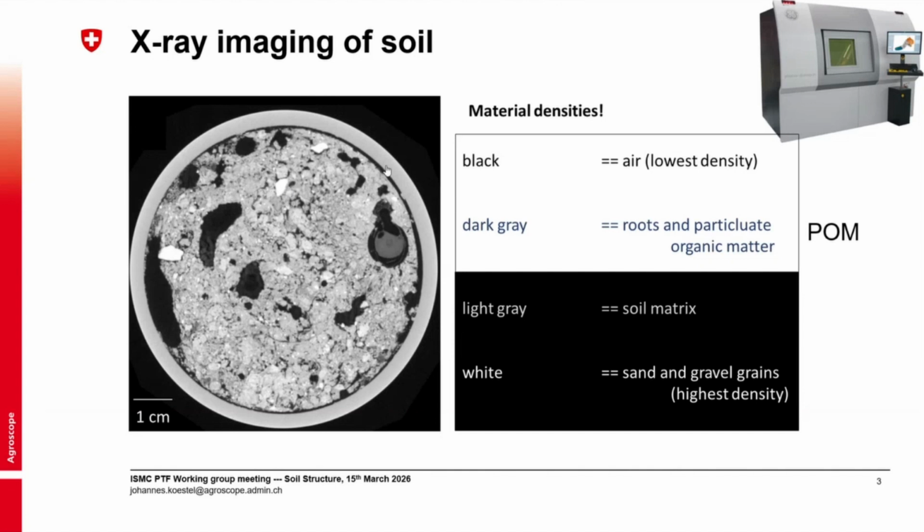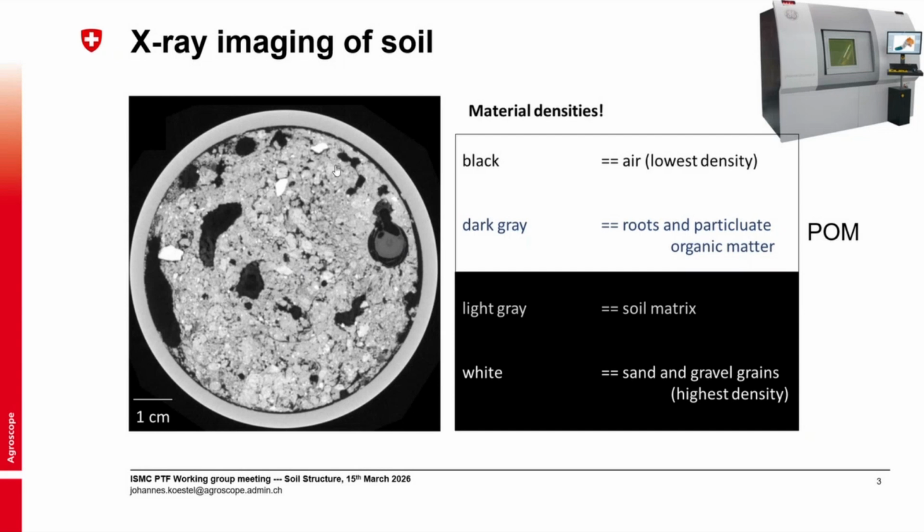So in this horizontal cross-section here that you see to the left, these are kind of gravel and sandstones. And black, that is the lightest density, that would be air-filled pores. Then you have intermediate values. These dark gray, this corresponds to particulate organic matter, and also water would show up like this if you would see that in the image.